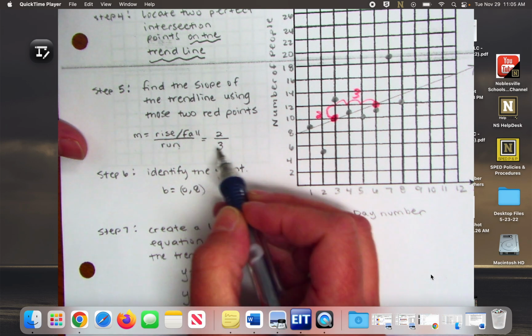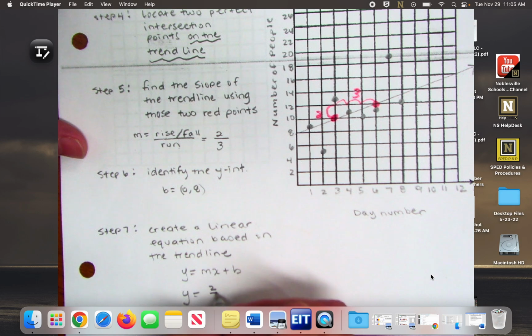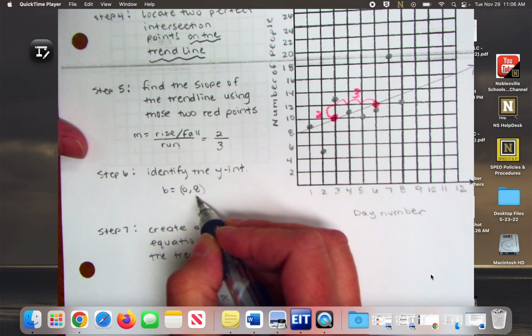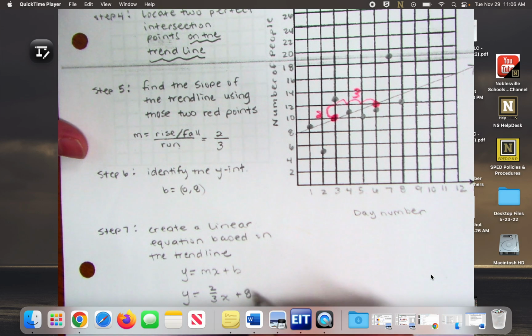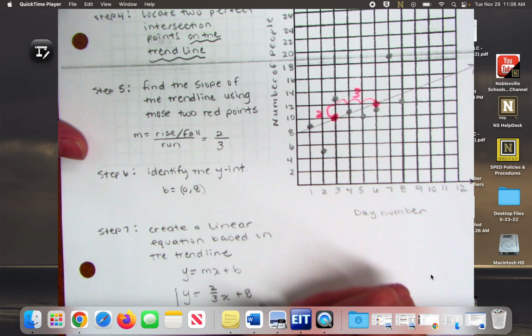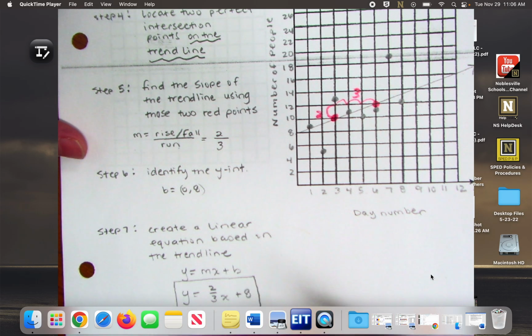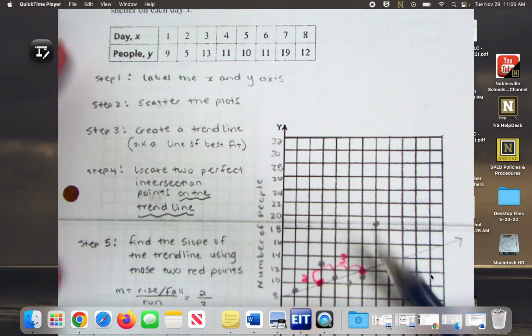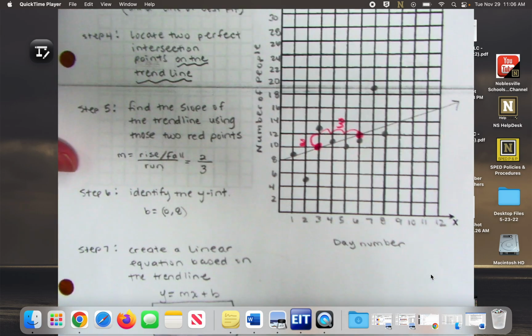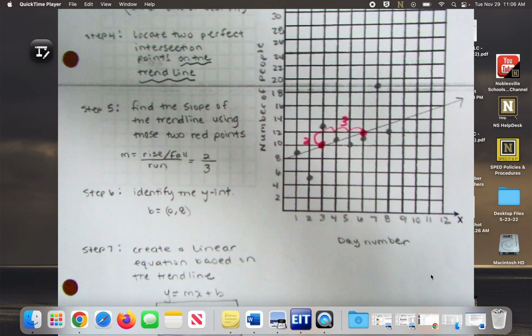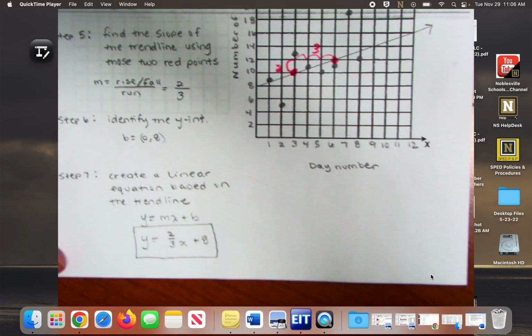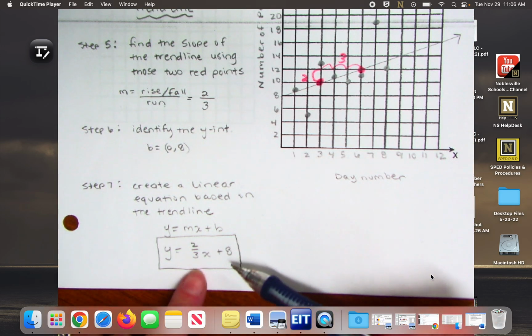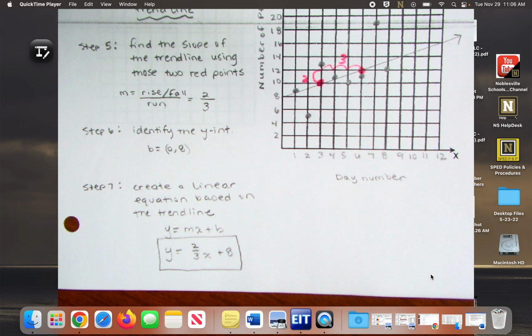So we have our m, 2/3 x, and we have our b, plus 8. So what we just did is we took a table of information, we created a scatter plot, used the scatter plot to make a trend line, used the trend line to find the slope and y-intercept, and then we created an equation based on the information.